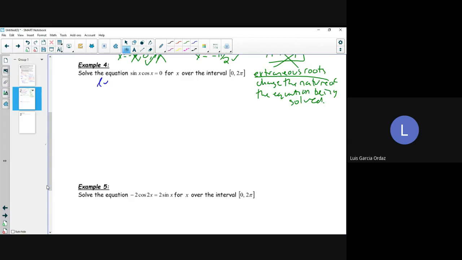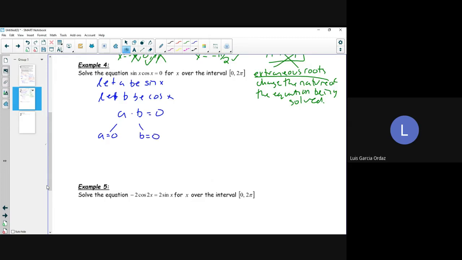So let's say let A be sine x and let B be cos of x. So in turn, we have A times B is equal to 0. And when we have this as a regular algebraic equation, our solutions are A is equal to 0 and B is equal to 0.